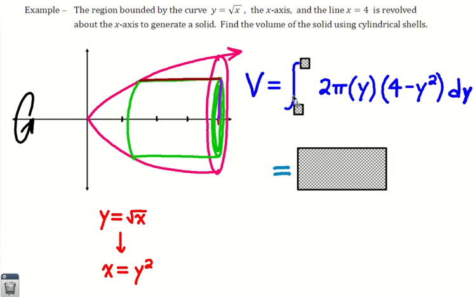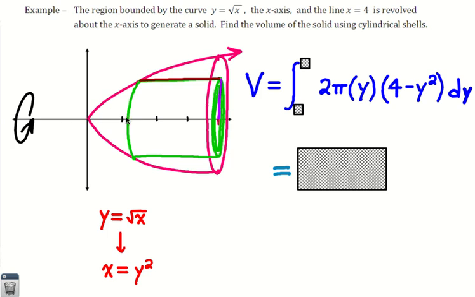Now these limits of integration are y values. Again, it's from the innermost shell all the way until we get to the outermost shell.